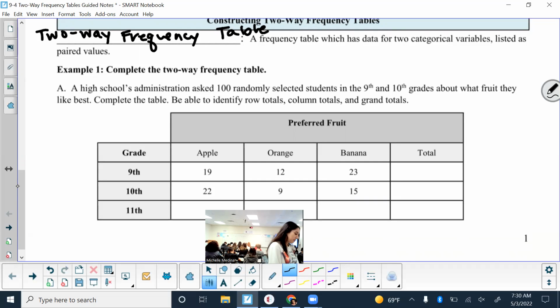So label this on your table. Anything that goes up and down is a column. Anything that goes left to right is a row. All right, and also fix this down here. This shouldn't say 11.